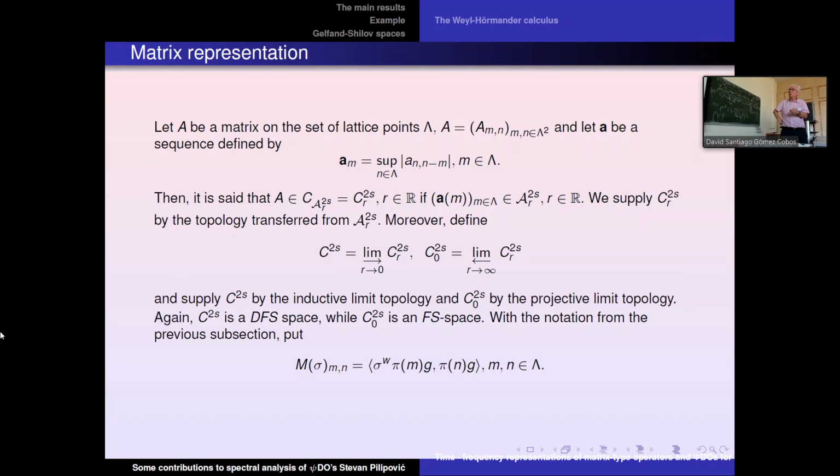What you can prove by using linear amalgam space and this diagonalization, you can do this with estimates on the matrices. And again, in both cases, we define inductive and projective limits of these matrices, with the topology which I already noticed.